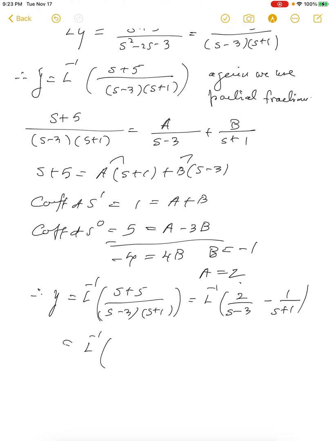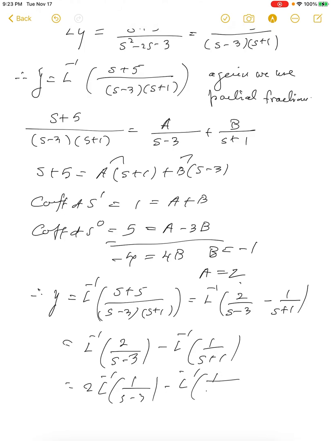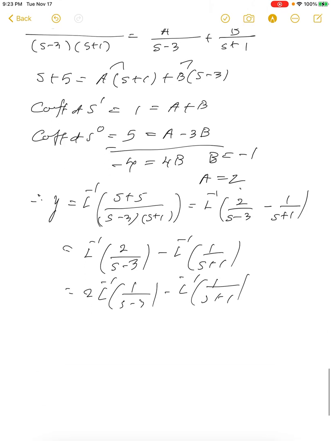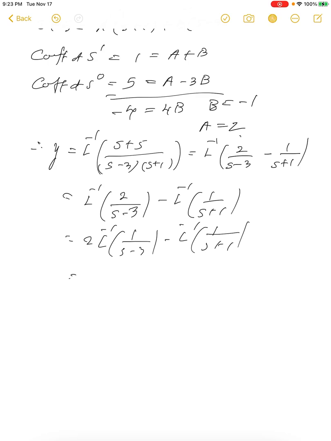By linearity of L inverse, this is 2 times L inverse of 1 over (s minus 3) minus L inverse of 1 over (s plus 1). The 2 will come out because of linearity, and you can read off the inverse transforms from the table. This is going to be e to the 3t, the other thing is e to the minus t. So that's your solution.